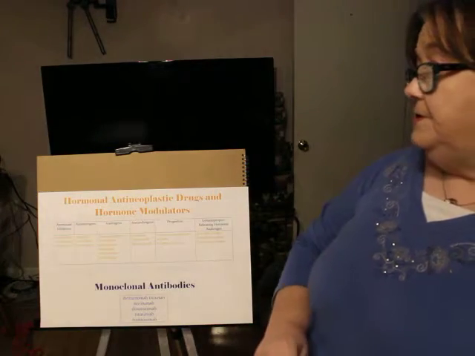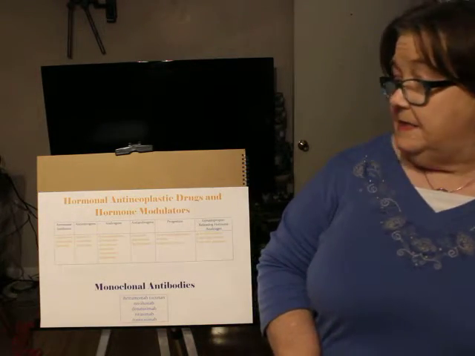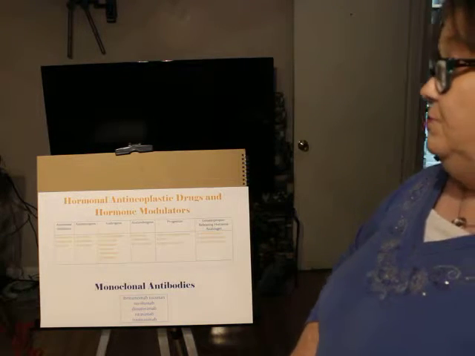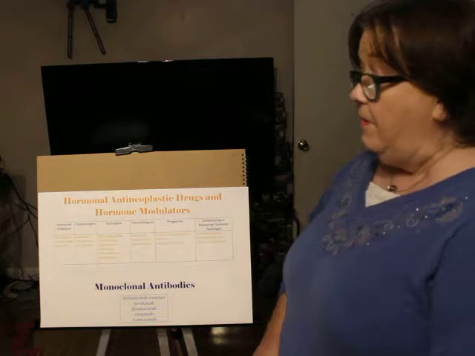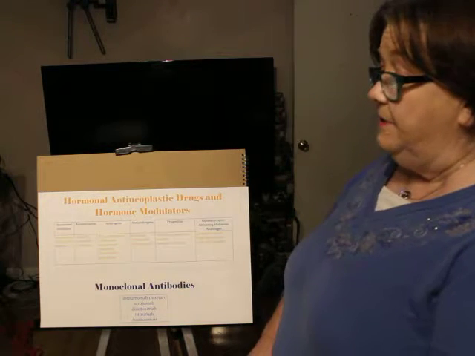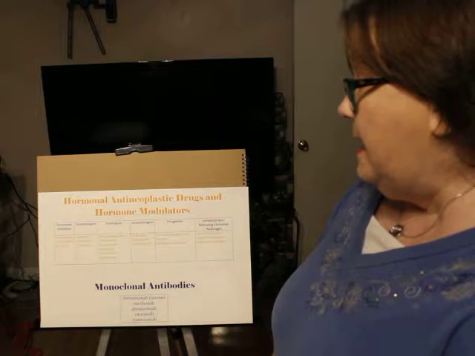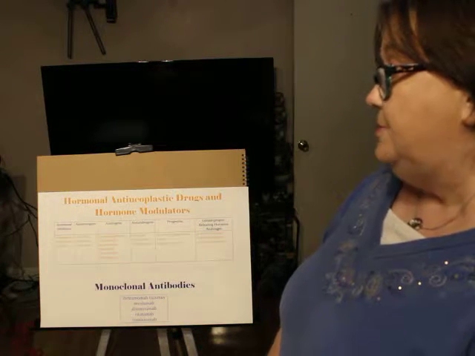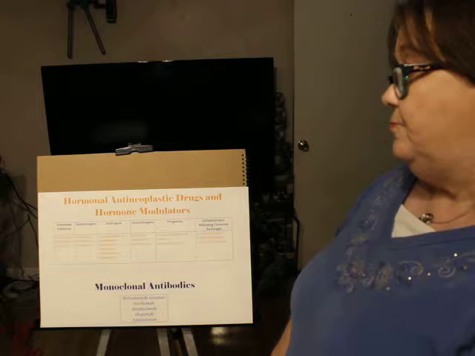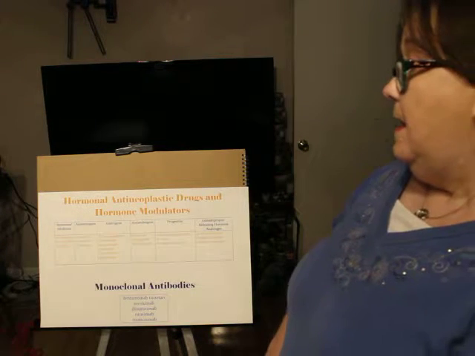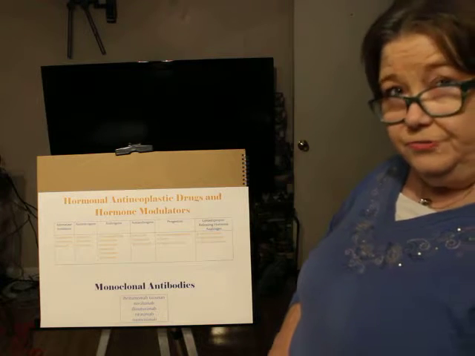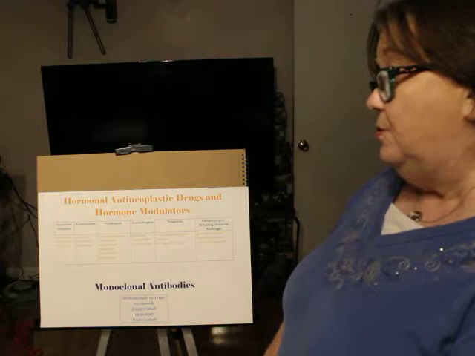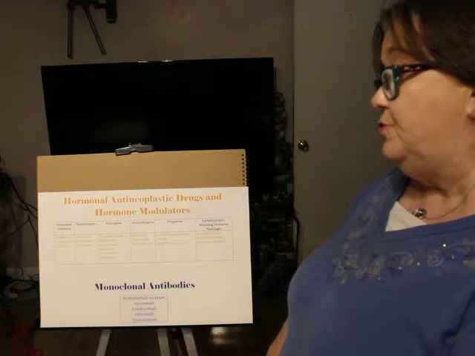But we're going to move on to the hormonal antineoplastics and hormone modulators. Again, we have 6 groups of these. The aromatase inhibitors include exemestane, anastrozole, and letrozole. The anti-estrogen drugs are tamoxifen, toremifene, and fulvestrant.